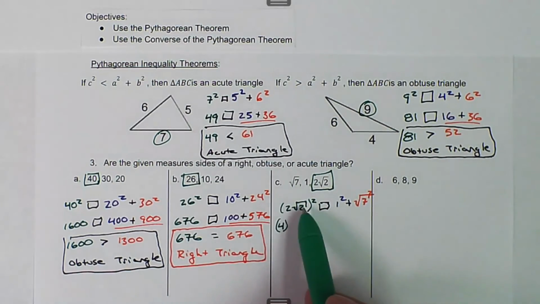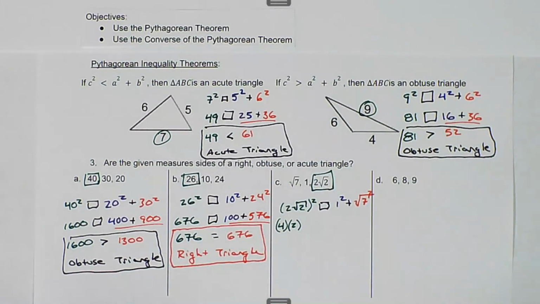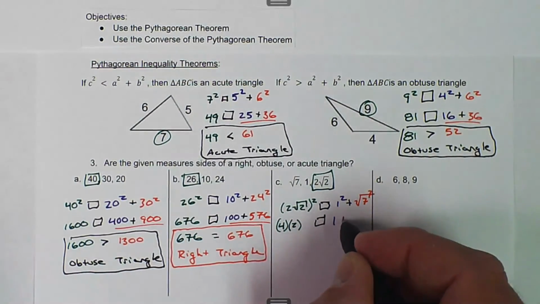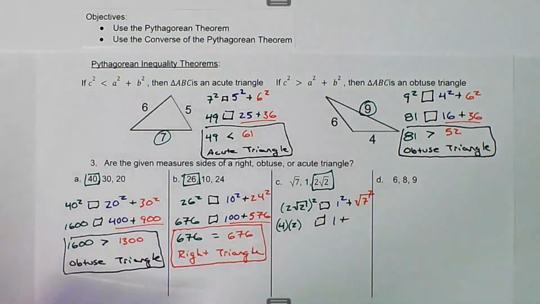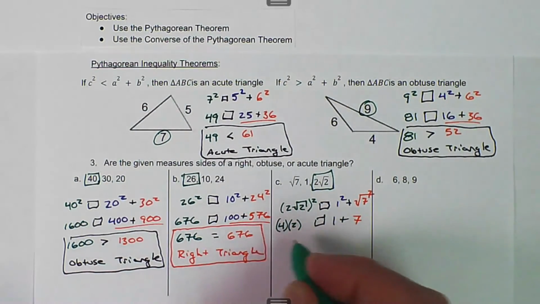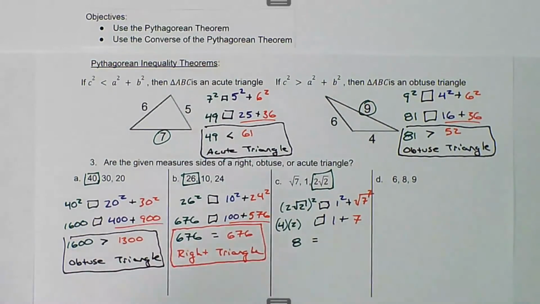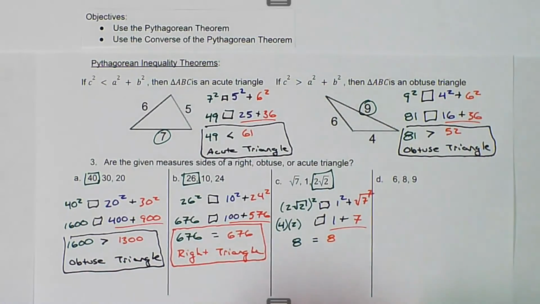And the square root of 2 squared, the square and the square root cancel, so it's just left with 2. 1 squared is 1. And the square root of 7 squared, we're left with just 7. So we finish up: 4 times 2 is 8, and 1 plus 7 is 8. So 8 is equal to 8. So again, this is a right triangle.